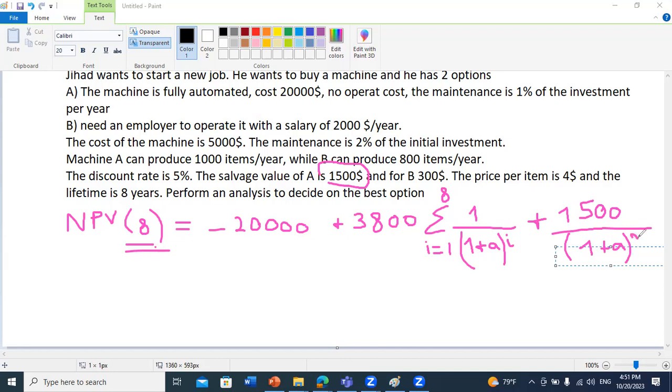Okay. And now, if we want to calculate the IRR by an iterative procedure, we should do some trials. So we can construct a table and say for different values of IRR, we will compute the net present value.